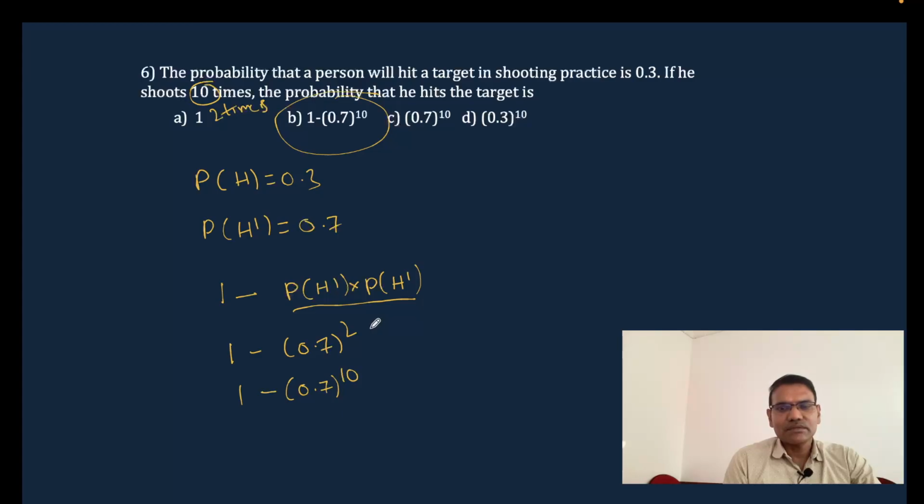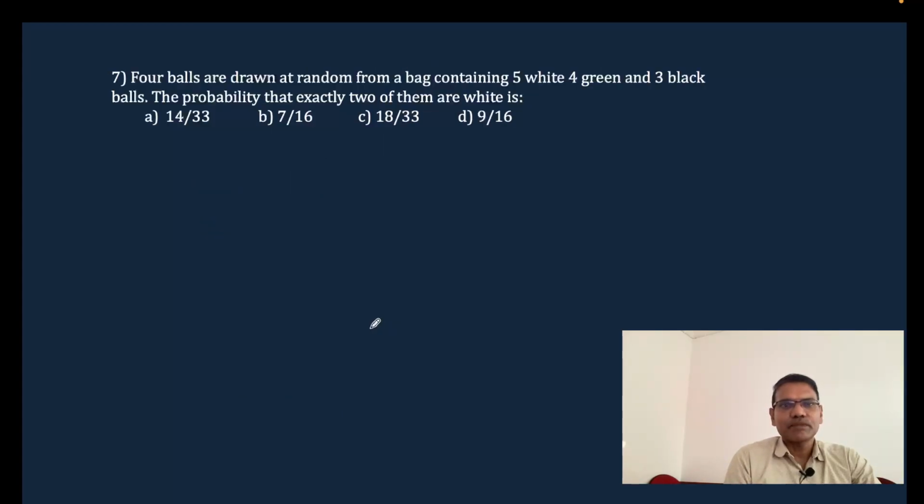Okay. Right. Next question. 4 balls are drawn at random from a bag containing 5 white, 4 green, 3 black balls. The probability that exactly 2 of them are white. So 5 white, 4 green, 3 black balls are available.